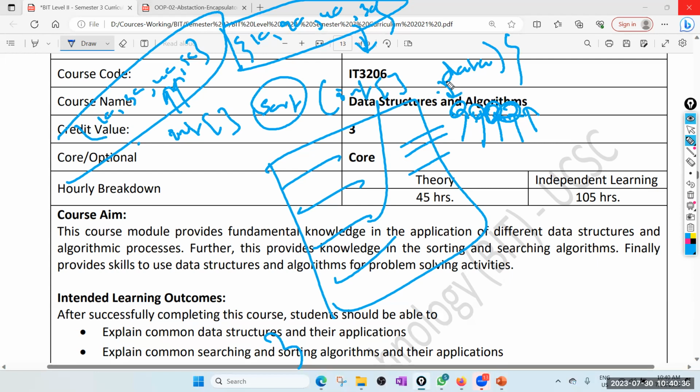So then you will identify that when it comes to complex problems, there's nothing called one solution. There are multiple solutions. So as designers, our task is to see whether we can get the best solution. Best solution means it's a correct solution and it takes fewer resources and it's very fast.